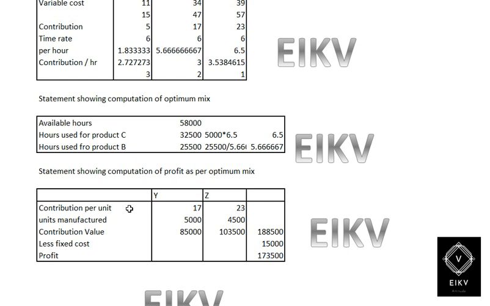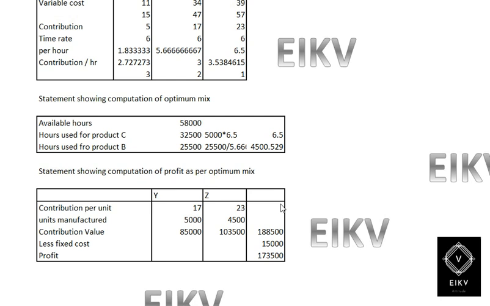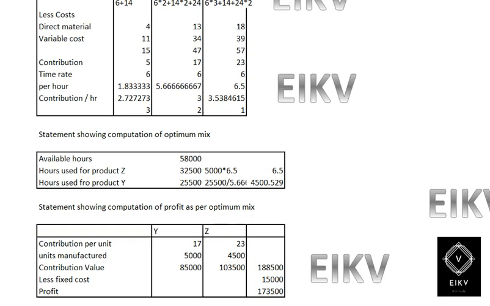The computation will be contribution per unit 17 and 23. Units manufactured will be 5,000 and 4,500. We cannot manufacture 5,000 units because of the hours used for the product.